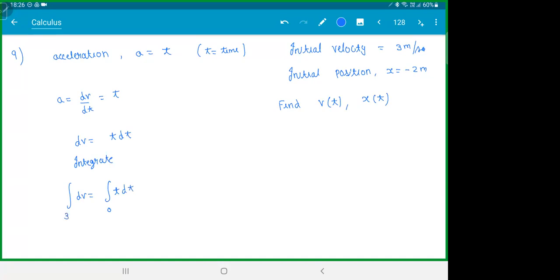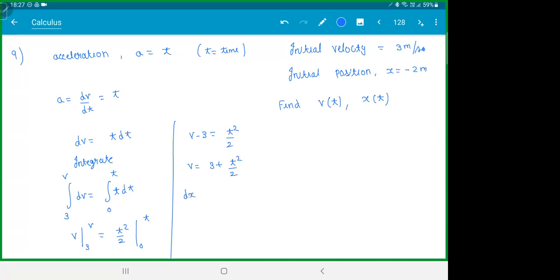Be careful, don't put 0 there. Initial velocity is 3, meaning when t is 0, the velocity is 3. When time is t, velocity is v. Limits will go from 3 to v. This is t square by 2, limits from 0 to t. So v minus 3 is equal to t square by 2. So we get v is equal to 3 plus t square by 2. That's your velocity as function of time.